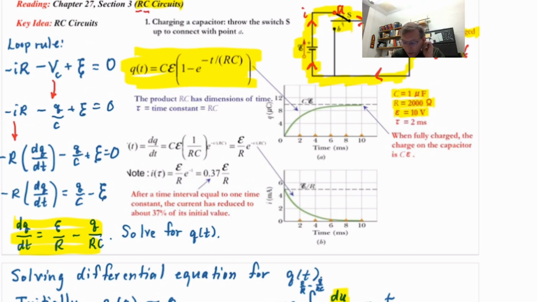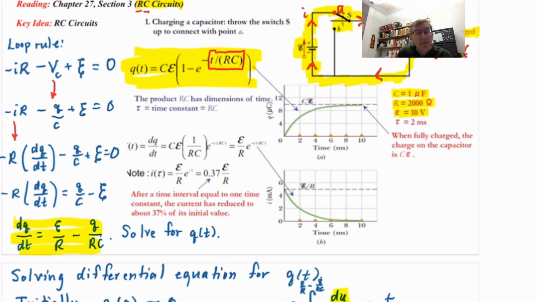And one of the things I'm going to point out is something that's not at all obvious. But it is true that the argument of an exponential must be a dimensionless quantity. So that combination there in the exponential function, the t divided by RC, has to have no units.